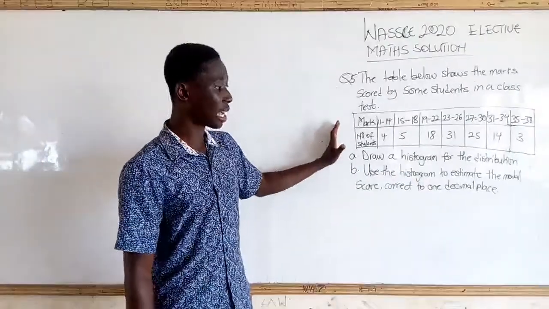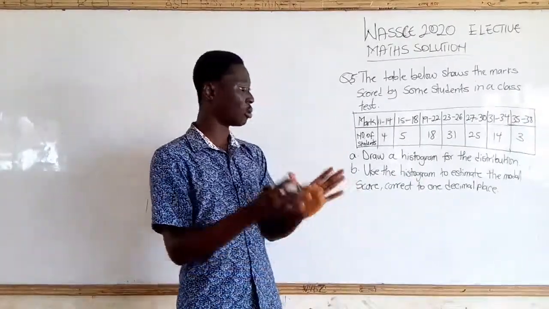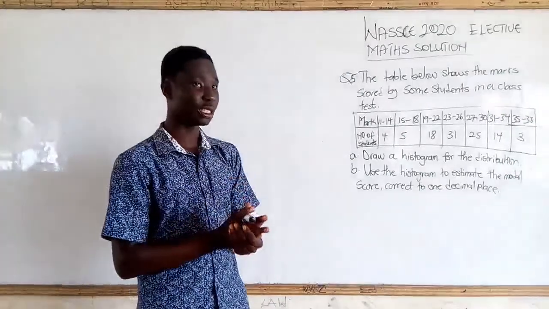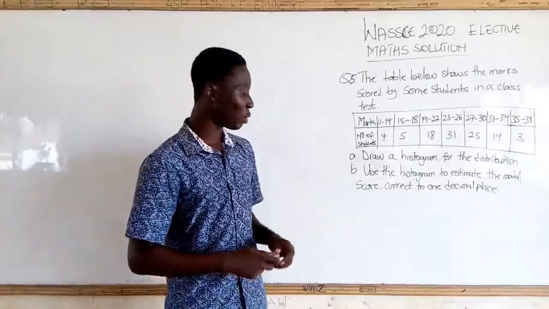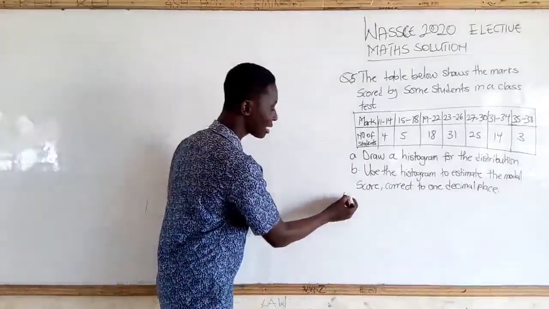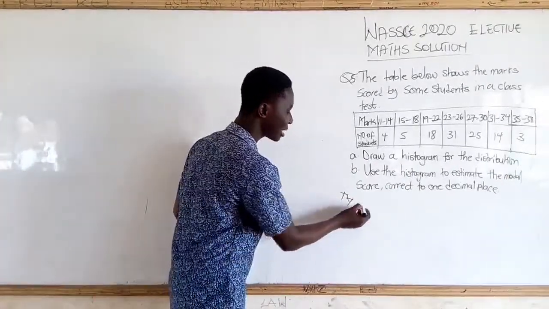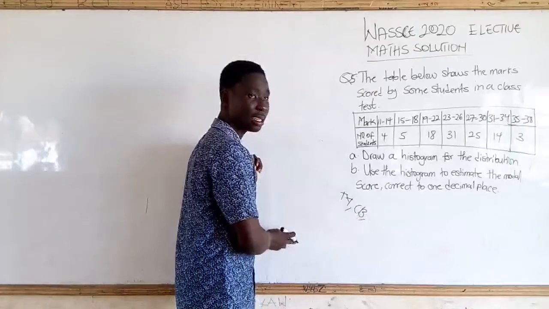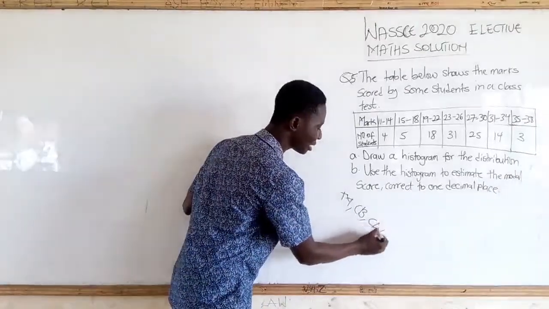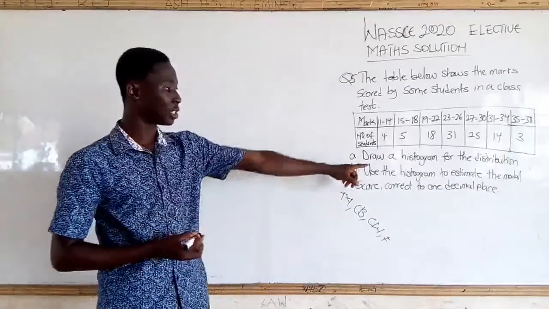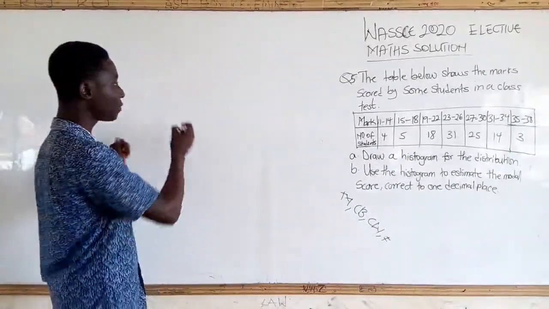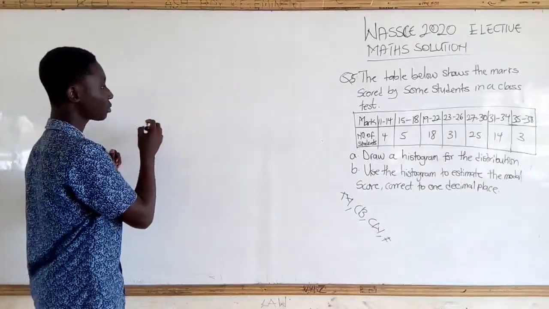Before you can solve this question, you have to draw a frequency distribution table. And with the histogram, we are going to use the mass, class boundary, class width, and then frequency as well to draw the histogram. So let's construct the frequency distribution table.